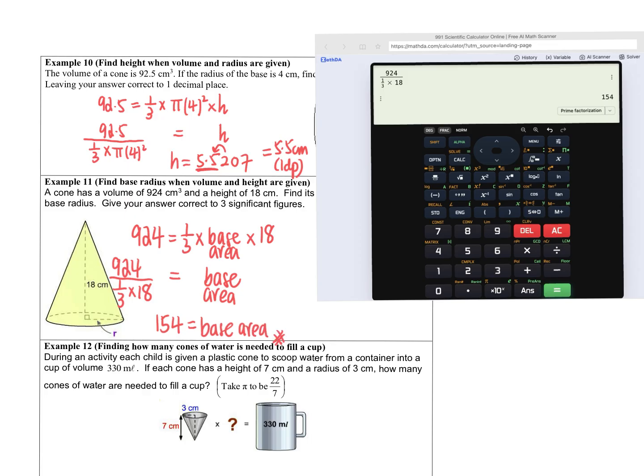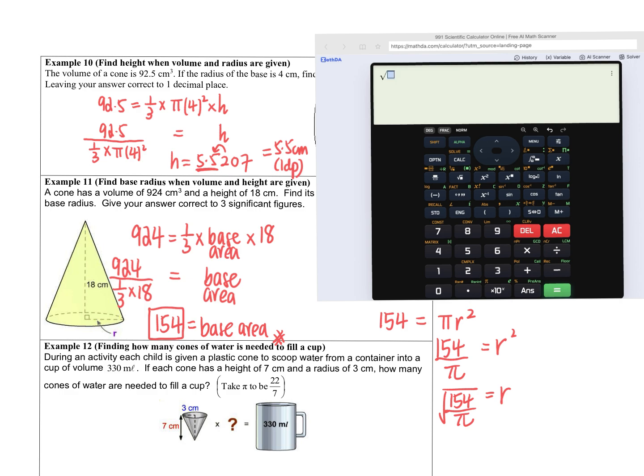Then they say, hence, can you find the radius? So this base area actually represents area of circle, which is pi r square. So to find r, I need to first divide by pi first. So to find r, I need to square root 154 over pi. So press the calculator again.